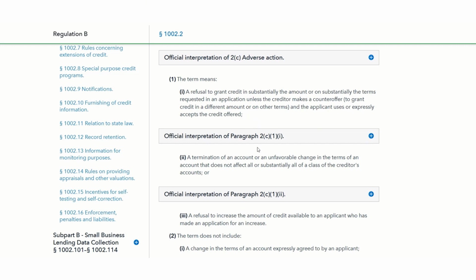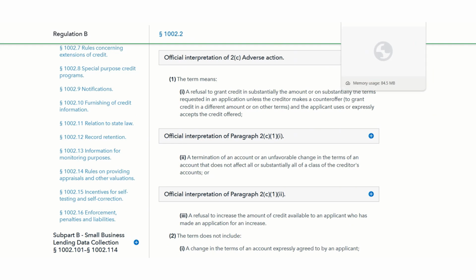But however, if you could prove that it was an unfavorable change in the terms, right? Whether it was an offer or not, it was an unfavorable change in the terms of the account, right? So it will still be considered an adverse action, right?